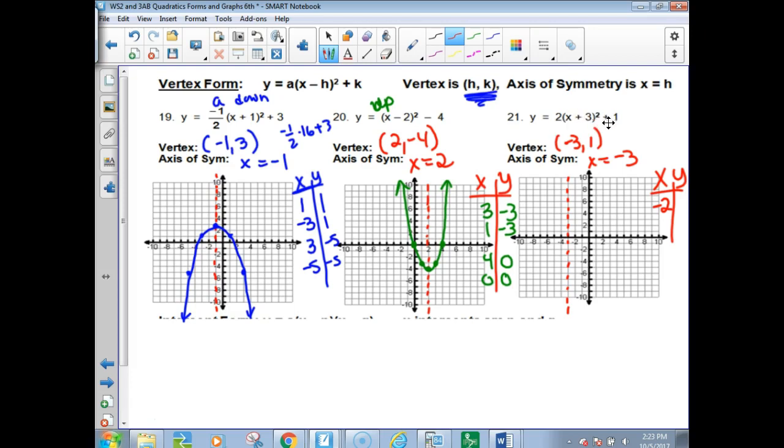And then 2 times 1 would be 2 plus 1 would be 3. So -2, 3 is on the graph. And I forgot my -3, 1 vertex. -4, 3 would be the matching point. And we can just sketch it.